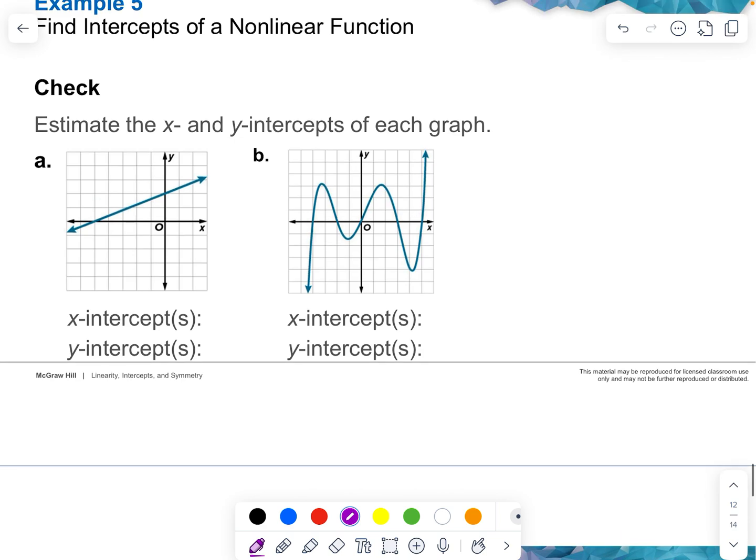And check here. Find the x-intercepts and y-intercepts.